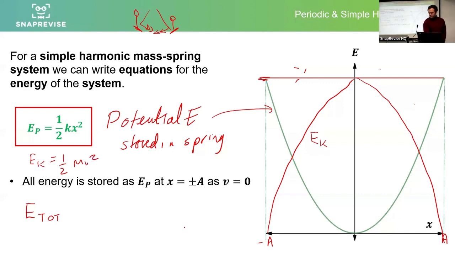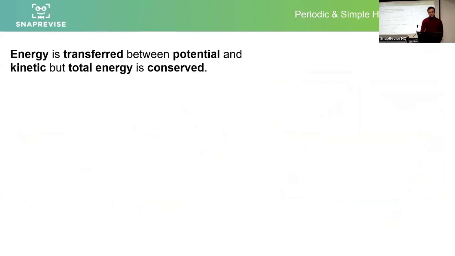And the total then is half kx squared plus half m v squared. And it's a constant. This faint red line up here is the total energy. Fab. It's a closed system, so we can't create or destroy energy.